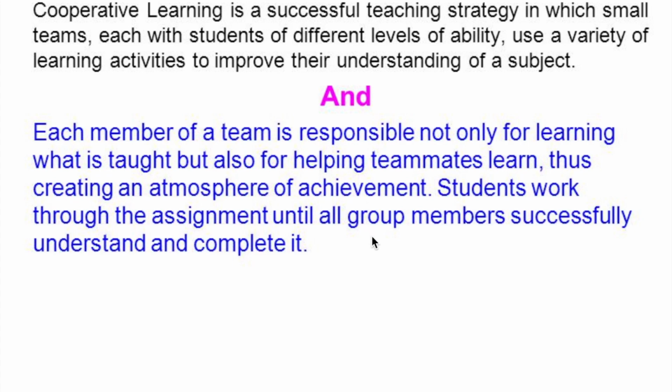Students work through the assignments until all group members successfully understand and complete it. The difference in this one is probably that each student will have their own role that they have to play in order to solve a problem. It's not that we're going to give a problem to one group and they solve it on their own.